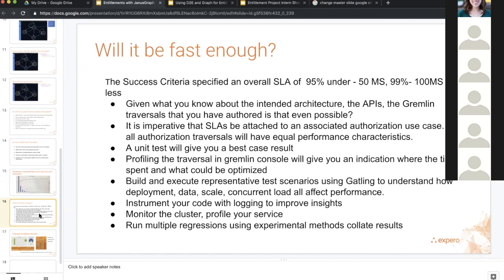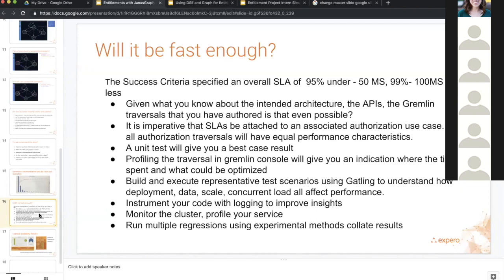In our case, we built REST APIs using Spring Boot, so they were Java APIs, and we certainly had unit tests for all of our results, but unit tests are only a smoke test that your traversal works. It has absolutely nothing to do with performance profiling.